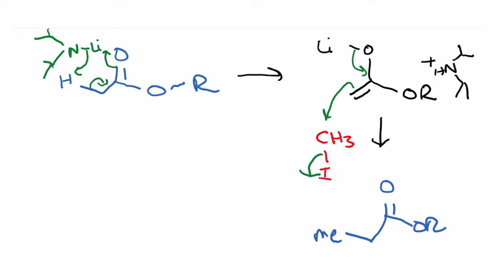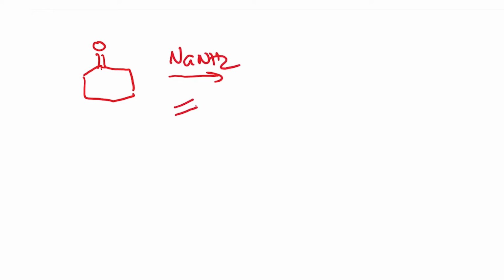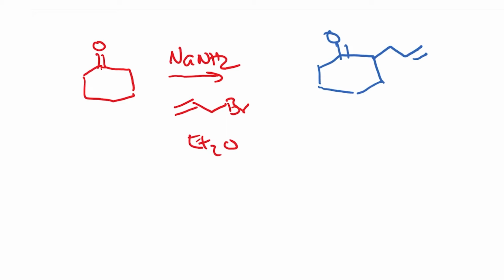So this is a classic method of alkylation of esters, and I'm going to give you a couple more examples so that we can understand the range of reactions that can occur. Let's say I start with cyclohexanone and add NaNH2 and then allyl bromide in diethyl ether, and the product that I get is this.